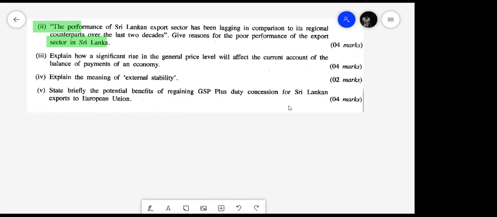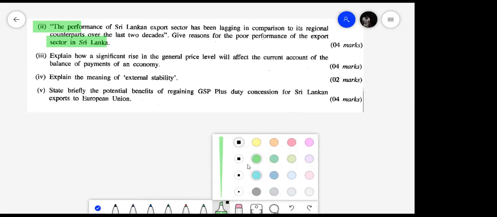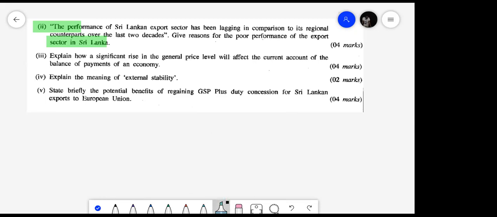Then if you look at question 3, explain how a significant rise in the general price level will affect the current account of the balance of payment. Guys, these days, you'll realize there are huge amounts of inflation, right? When it comes to food, you'll realize that food is all very expensive, vegetables to everything. There was a report that says Sri Lanka is the country with the highest level of food inflation in Asia these days.